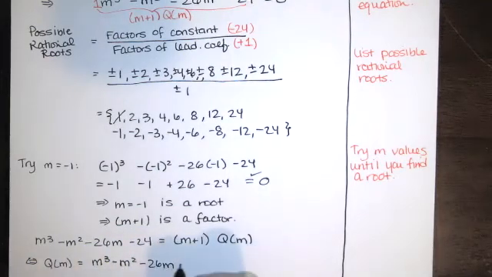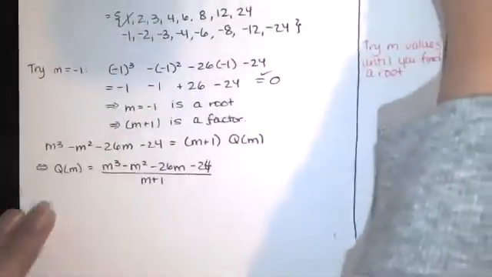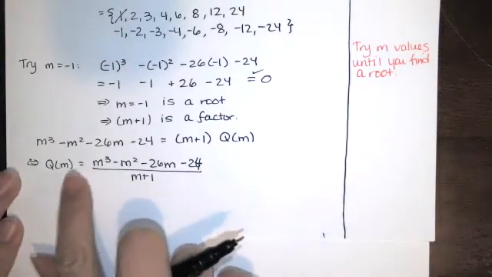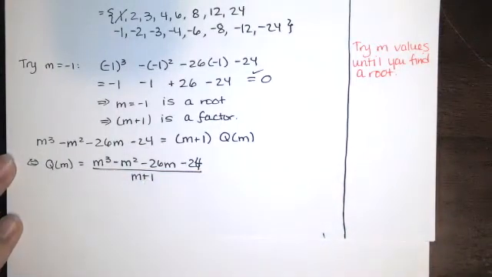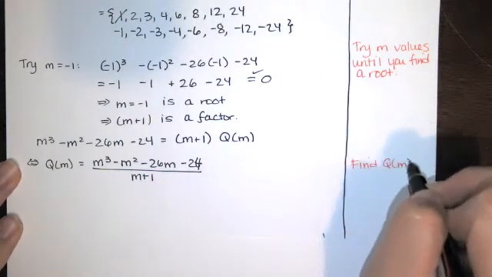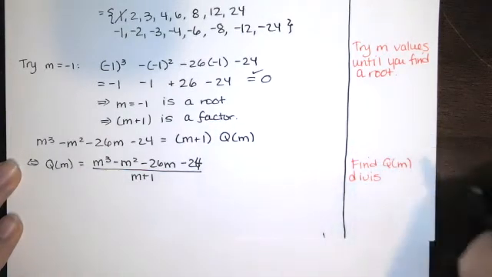If I take both sides of the equation and divide by m plus 1, I get this. And that's nice. So it tells me exactly how I can find q. I just do this division. So we're going to find q of m by dividing. You can use long division if you want.